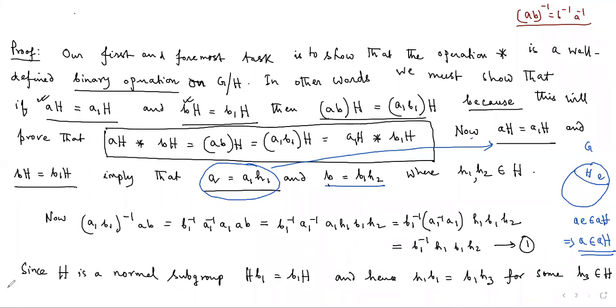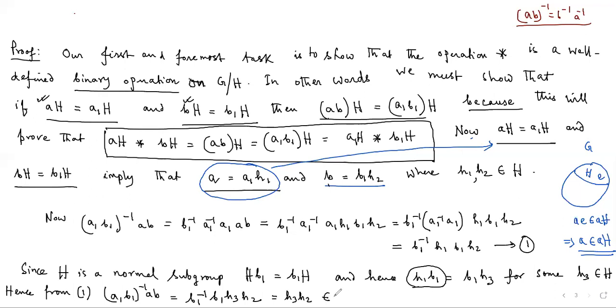Okay, hence from 1, A1 B1 whole inverse multiplied by AB gives us B1 inverse B1 H3 into H2, because in place of H1 B1 we have substituted B1 H3, and which is H3 into H2.